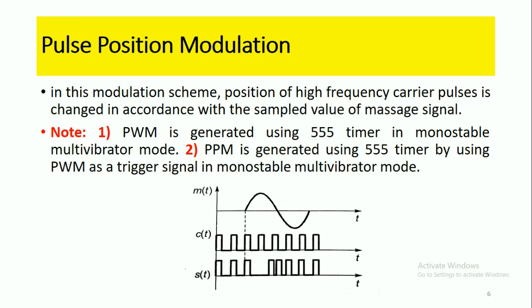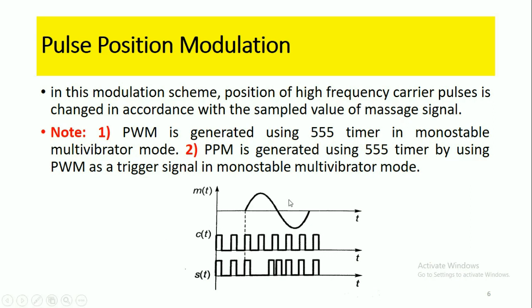And next one is pulse position modulation. In this modulation scheme, the position of the high frequency carrier pulses is changed in accordance with the sampled values of a message signal. Here, this is the message signal and this is the carrier signal. The carrier signal pulses change their position in accordance with the message signal.